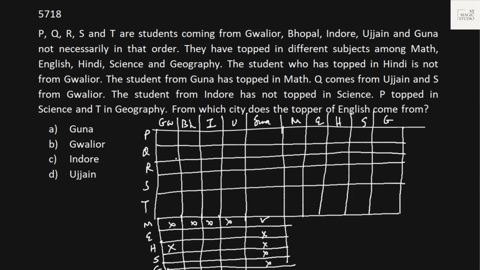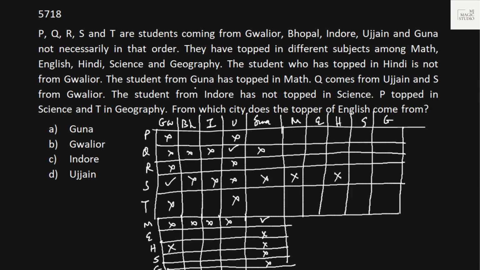Q, Ujjain. Q is from Ujjain. Put cross vertically, horizontally. Life will become very easy. S from Gwalior. And S hasn't topped in maths, hasn't topped in Hindi.